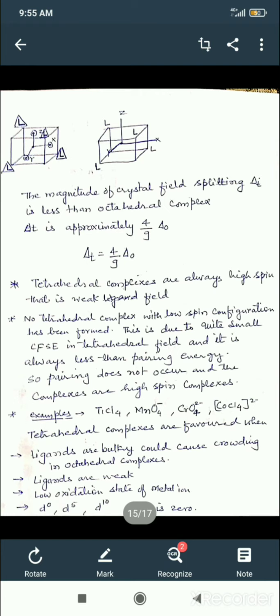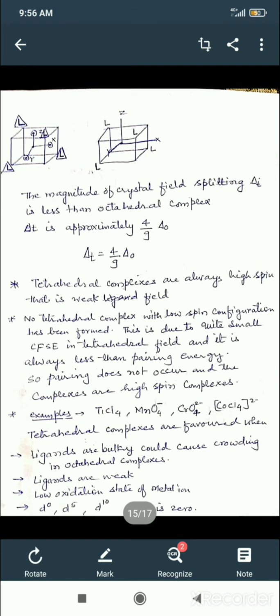The distance between the eg and T2g in the tetrahedral field is termed delta T.